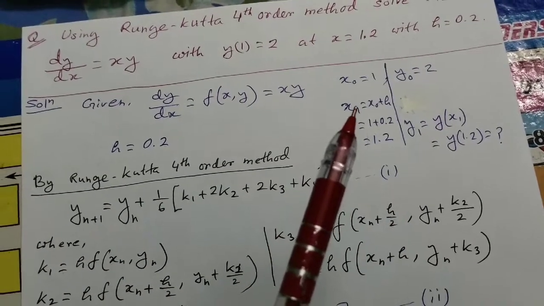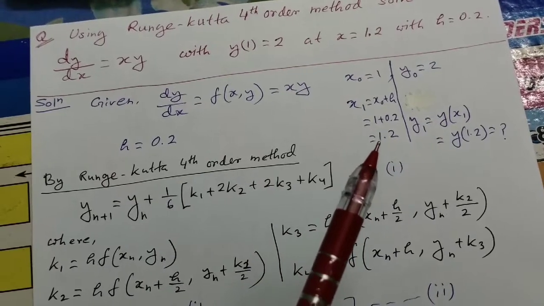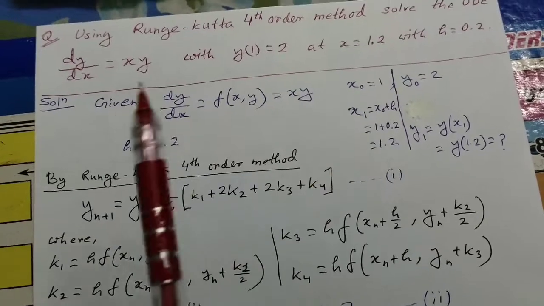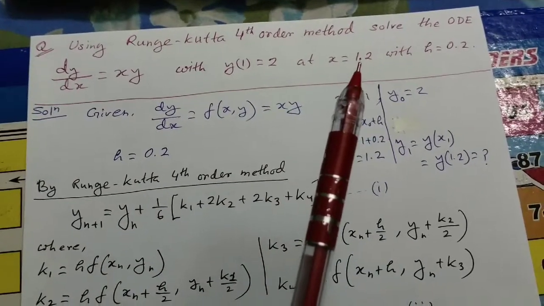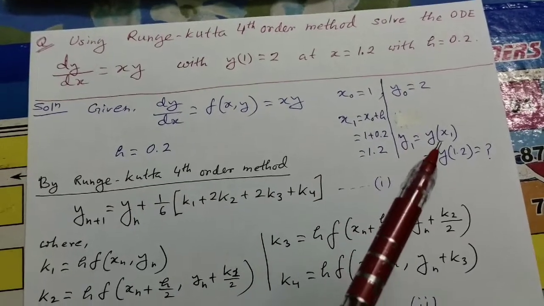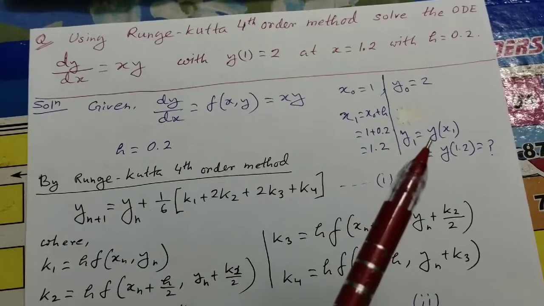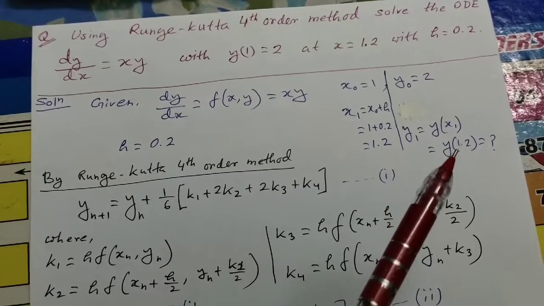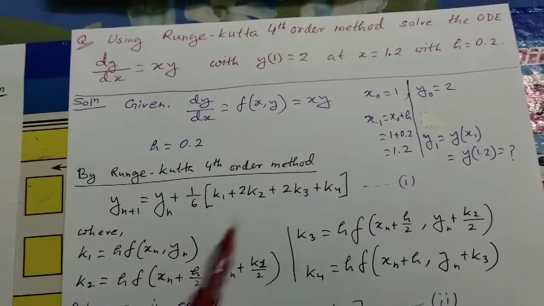So x1 becomes x0 plus h, which is 1 plus 0.2 equals 1.2. We have to find the value of y at x = 1.2, so y1 is y(x1) = y(1.2), and that value we have to find out.